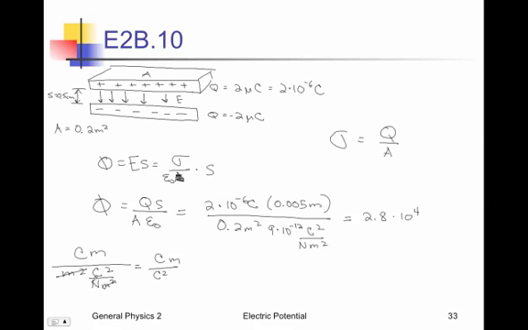And now my newtons, since they're in the denominator of my denominator, they come up to the top. And I can cross out one of my coulombs here. And I'm left with Newton meter per coulomb. And a Newton meter is a joule, so I have joule per coulomb, and a joule per coulomb is equal to a volt. So this is equal to volts. So this is my answer for phi.